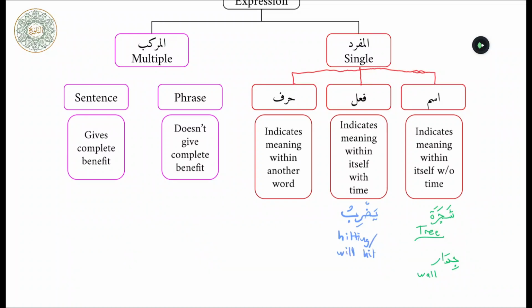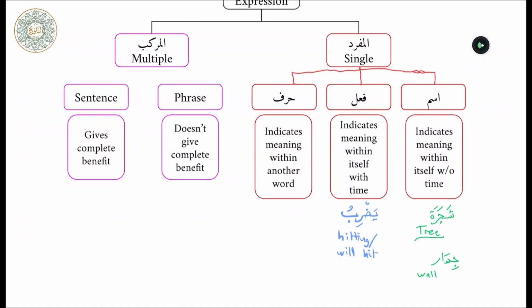You'll notice over here that in Arabic, the present and future tense are the same. We'll explain this later on, bi'idhnillah. As soon as you hear hitting, you thought of two things. Number one, there is hitting taking place. And number two, it's in a time. It's in the present tense, or will hit would be in the future tense.